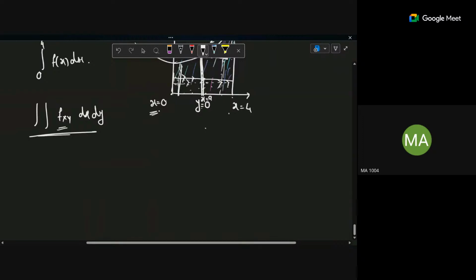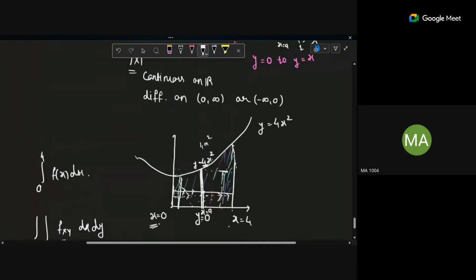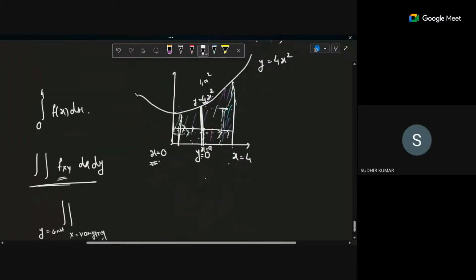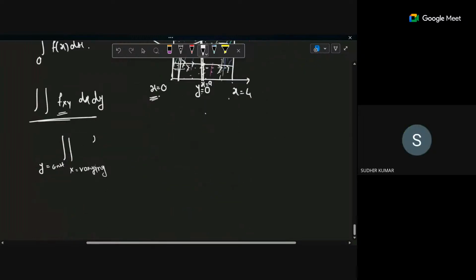Once it's continuous, if possible, then we put y in constant limits, and x in the varying limits. Varying limits means this kind of 4x square, or sometimes 2x or 3x, this kind of stuff. So the varying limit should always be inside.